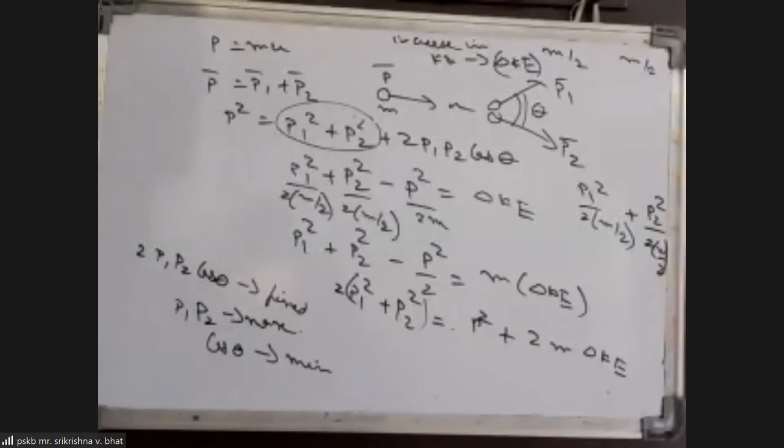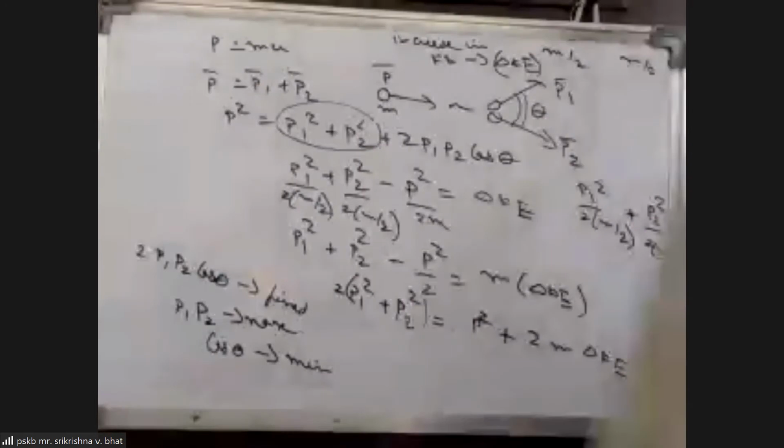So we can consider that the maximum angle theta corresponds to the case where P1 and P2 are equal. We'll take P1 and P2 as equal to some PF, and then we'll see what the calculations give.